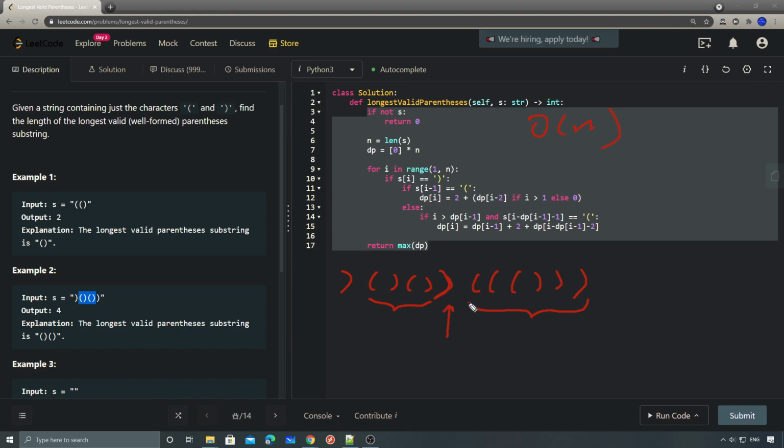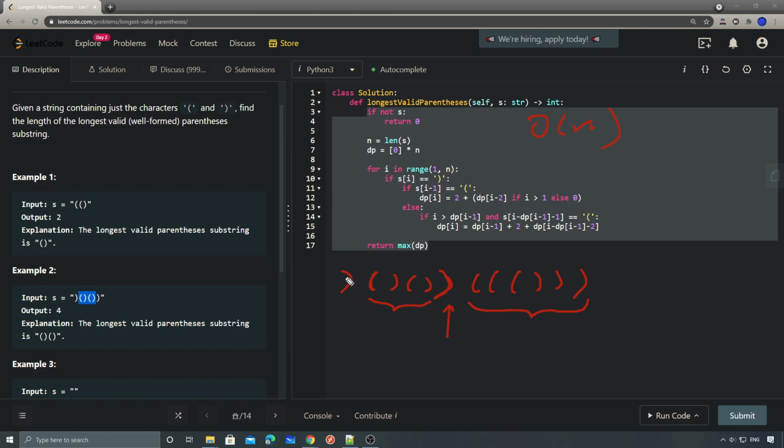The way it works is that every time we have a left parenthesis, we append that index into the stack. And every time we have a right parenthesis, we first pop from the stack.